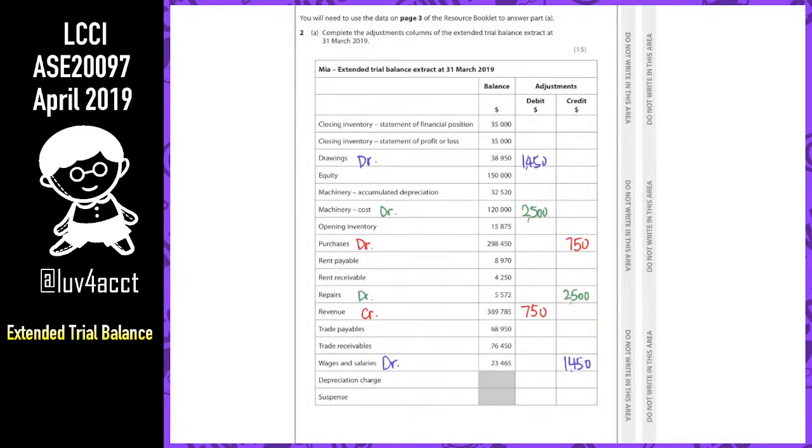So we have to look here. Make sure you use the adjusted item. So it is here 120,000 plus 25,000. This is the adjusted cost minus 32520, and then multiply by 10%.